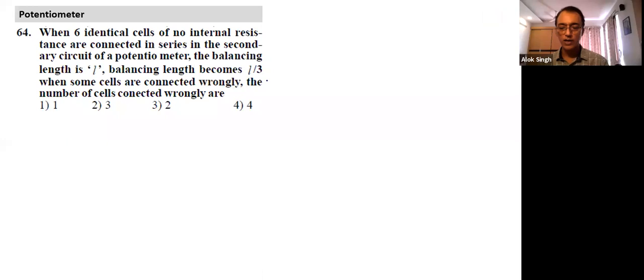Actually, this question is also similar to the E1 and E2 setup, two batteries being connected.